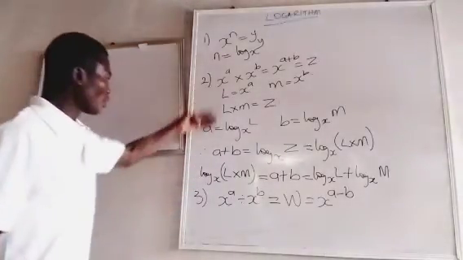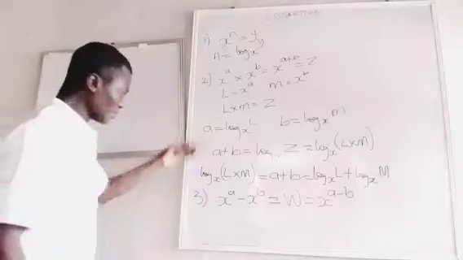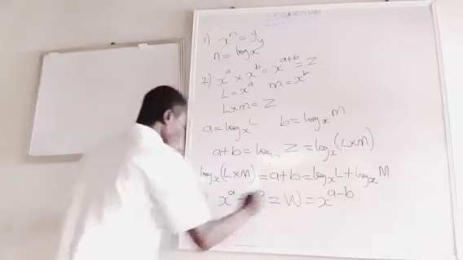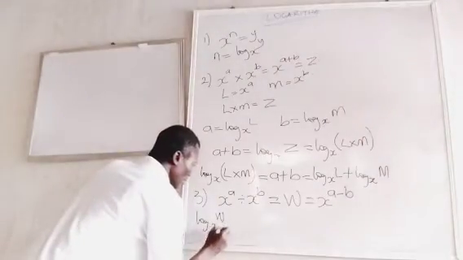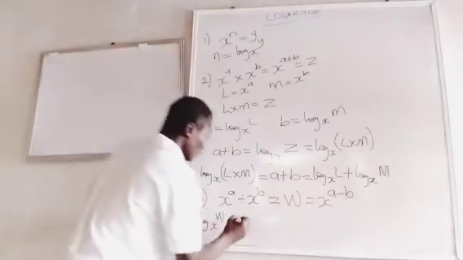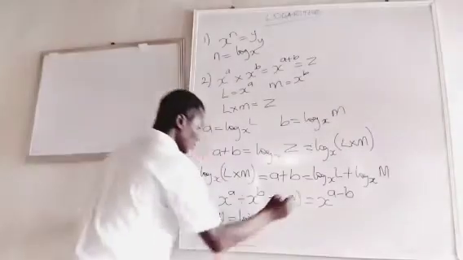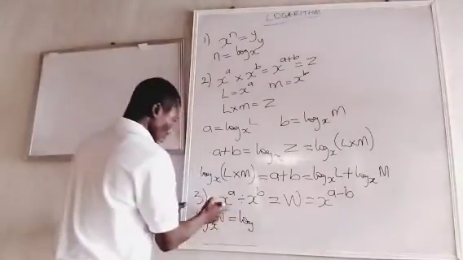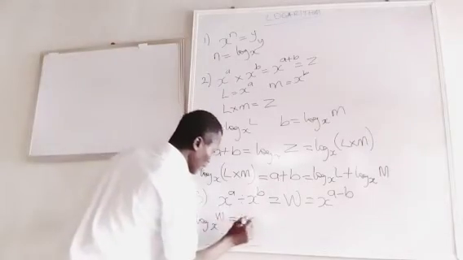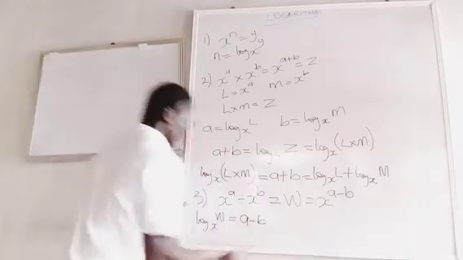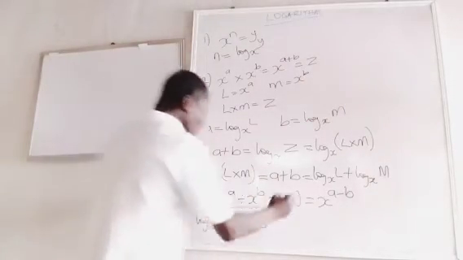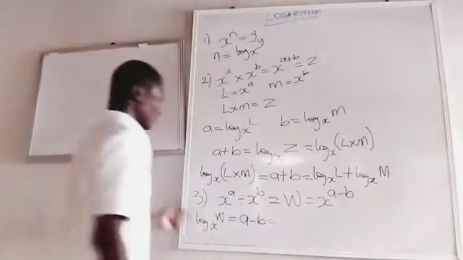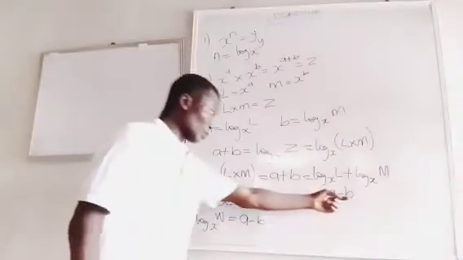So if you follow this reasoning, you will realize that log w to the base of x is equal to log of x to the power a minus b, which is equal to a minus b.